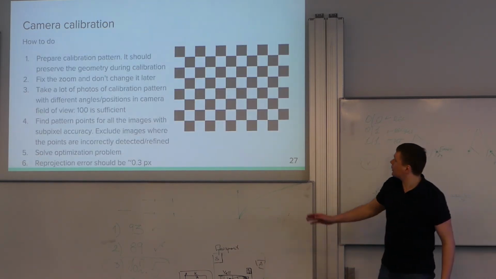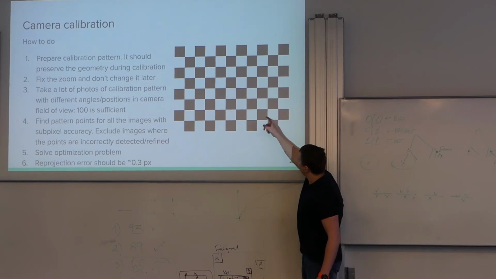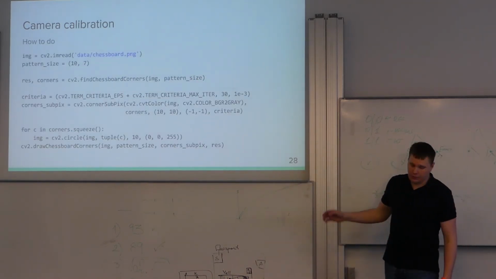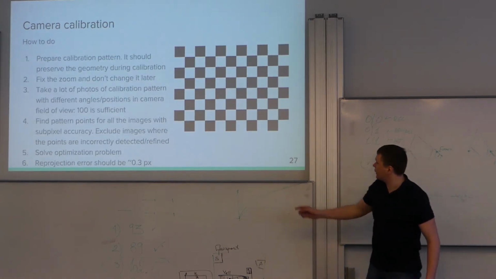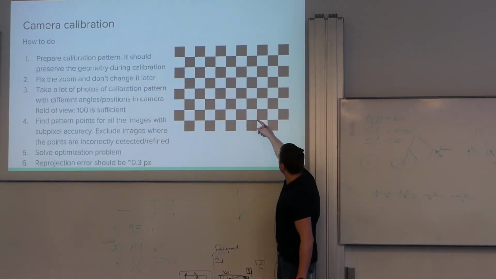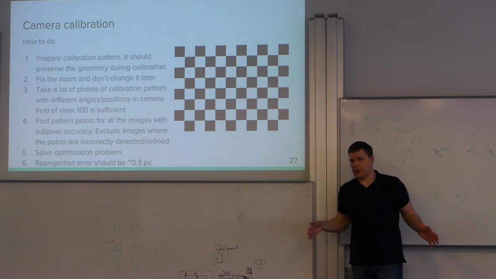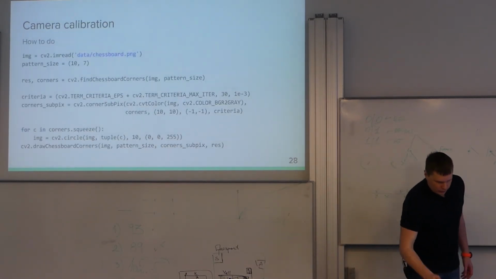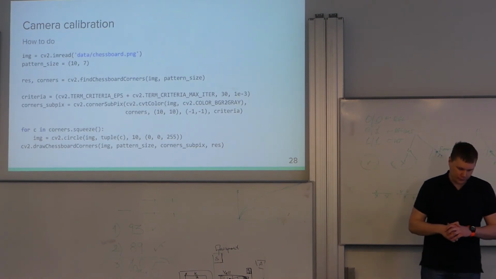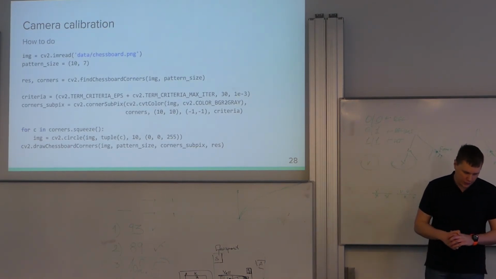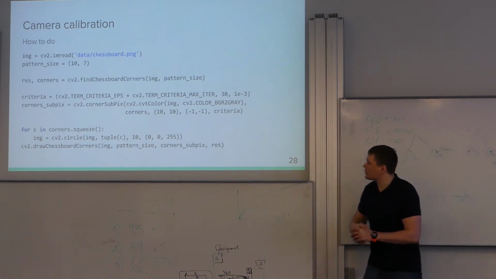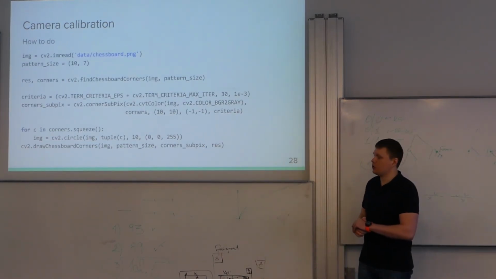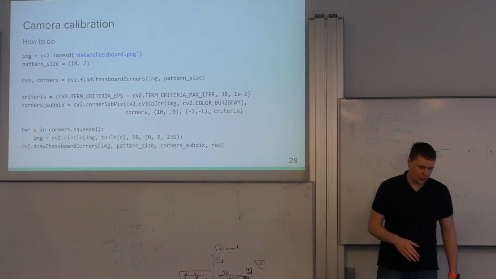Our pattern has more squares, 10 by 7, but we exactly have 10 corners by width and 7 corners by height. So we know this pattern size. OpenCV has a function findChessboardCorners, which roughly detects all the corners from the image.